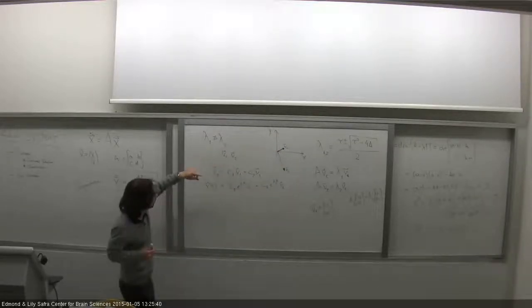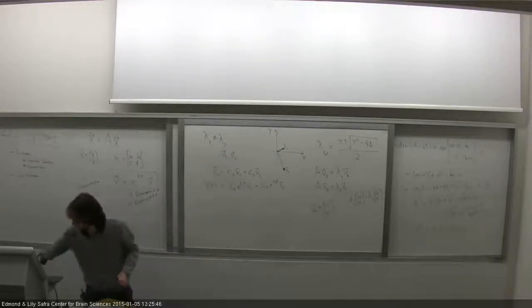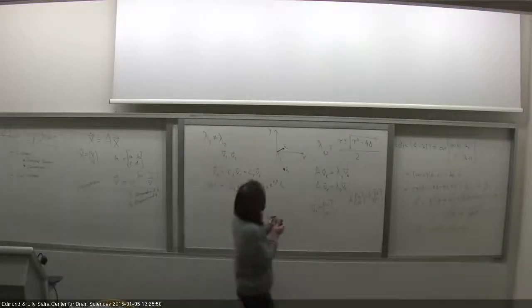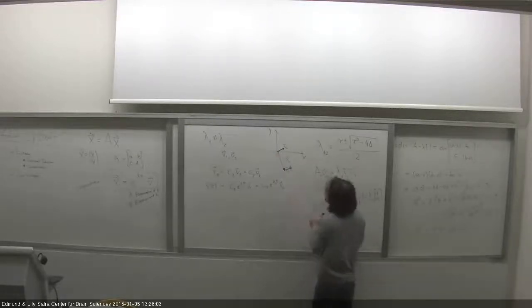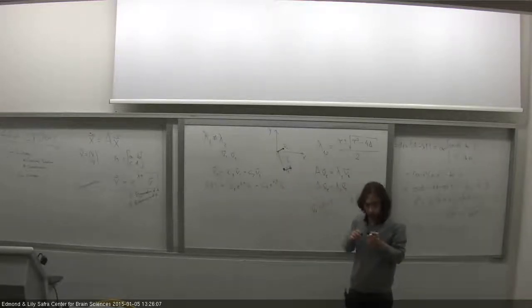And so if my x0 is just a linear combination of these two, what will happen to it?